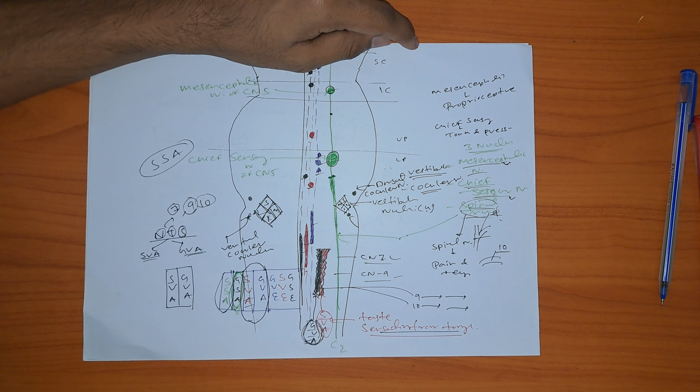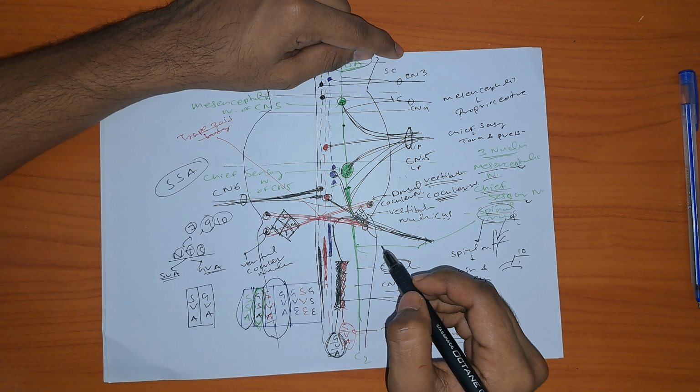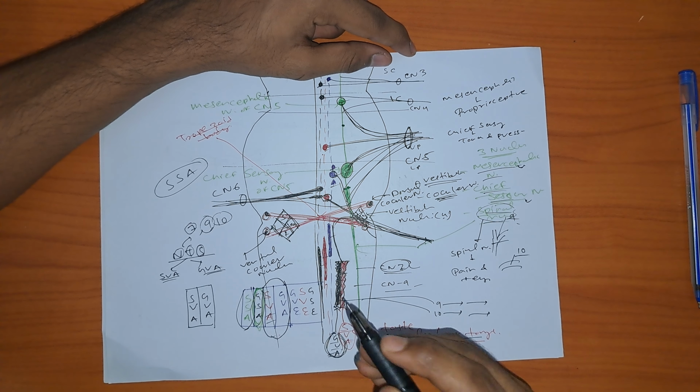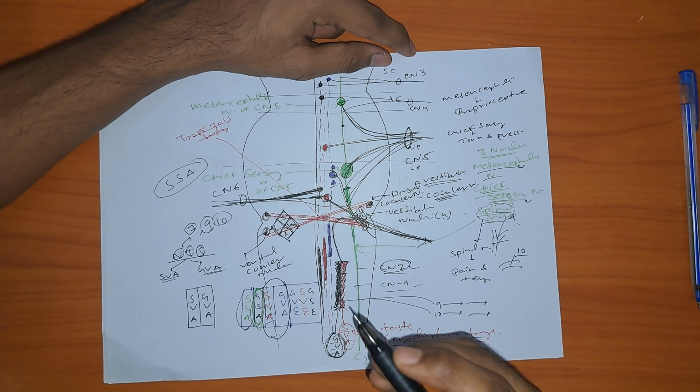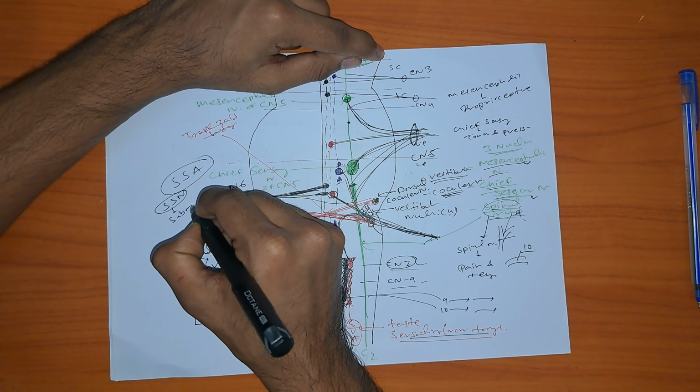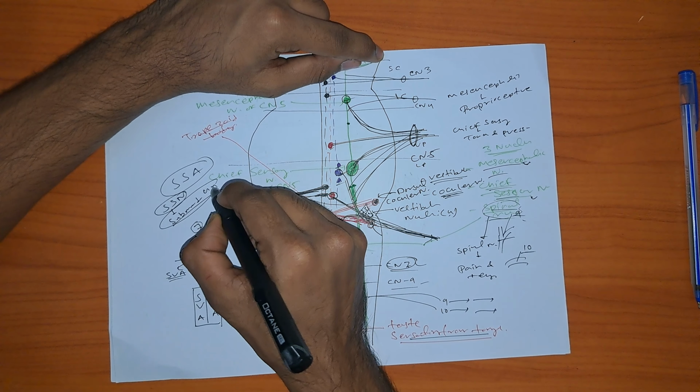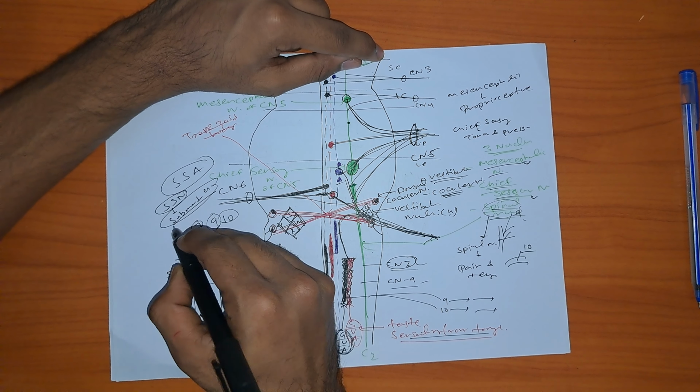This is also a component of the 7th cranial nerve. The superior salivatory nucleus goes via the facial nerve to the submandibular ganglion, and through the submandibular ganglion it will go to the sublingual salivary gland and submandibular salivary gland, the parasympathetic part.